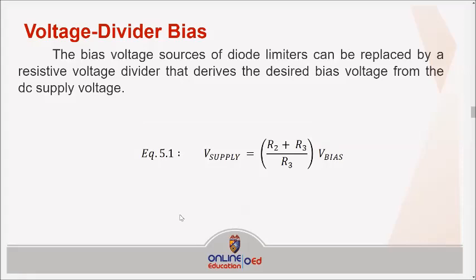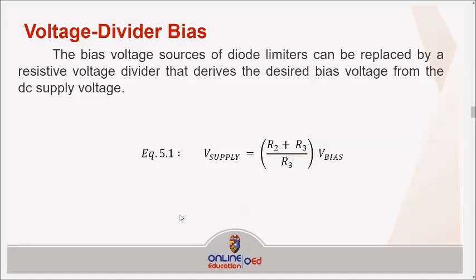Okay, since we have voltage supply, ito yung mga AC natin, or for example 120 volts, then para magkaroon ng voltage divider bias, paano ito malilimit? I-replace lang natin siya ng resistive voltage divider. Ito yung connection niya. Kumbaga, mag-add ka lang ng resistor para magkaroon ng diode limiter, or its function as a diode limiter.